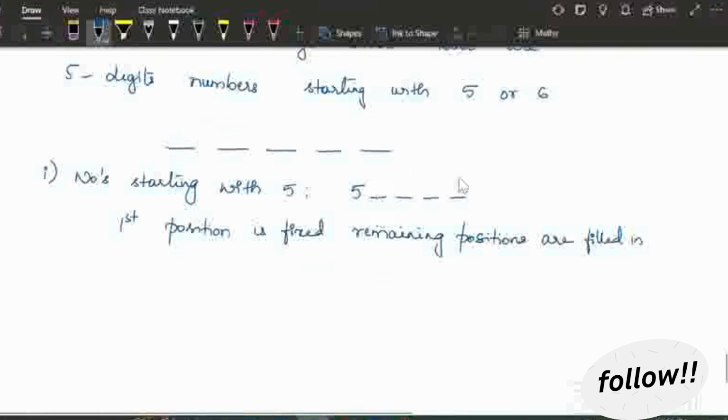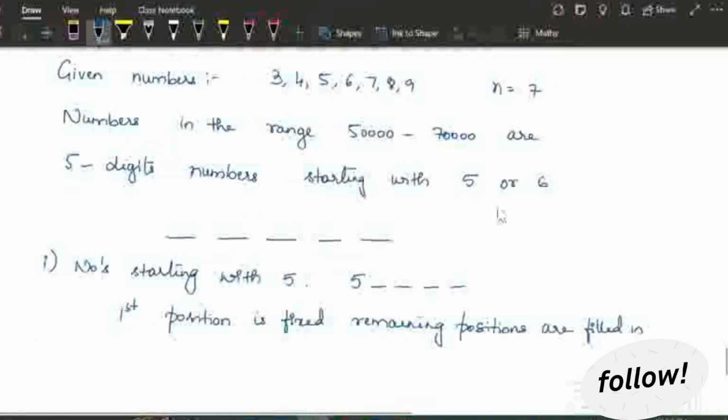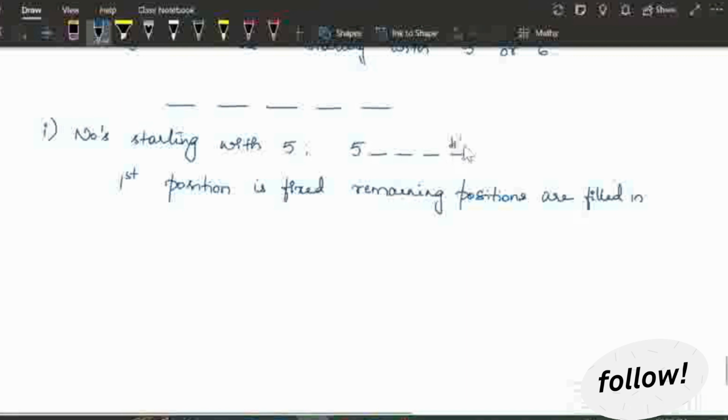And in the remaining digits, I have to put an even number in the last digit, right? So the last digit can be either 4, 6 or 8, right? So write down this last position also.